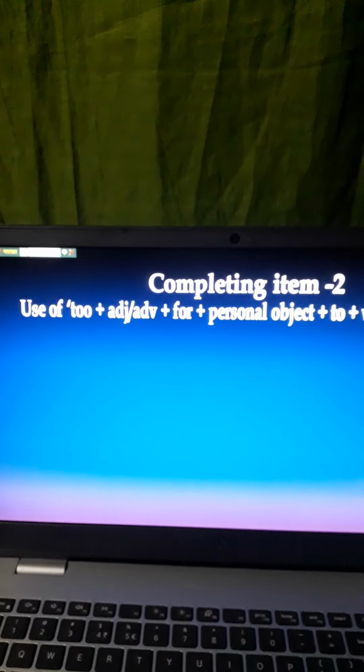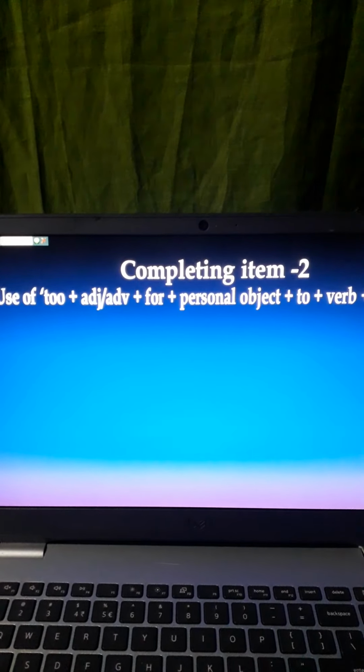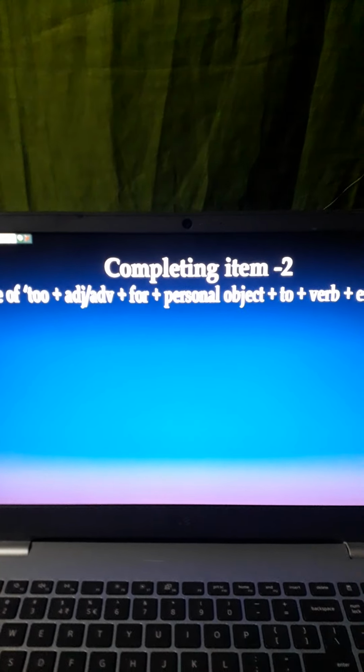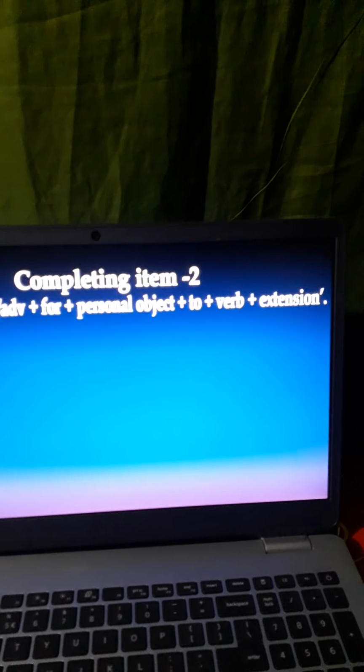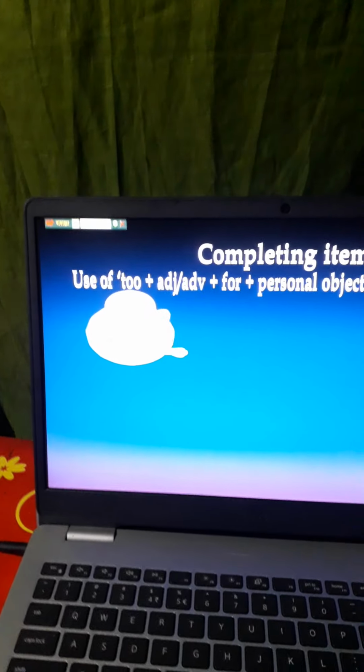Completing item 2. Use of too plus adjective or adverb plus for plus personal object plus to plus verb plus extension. You can see a picture of a cup of hot tea.